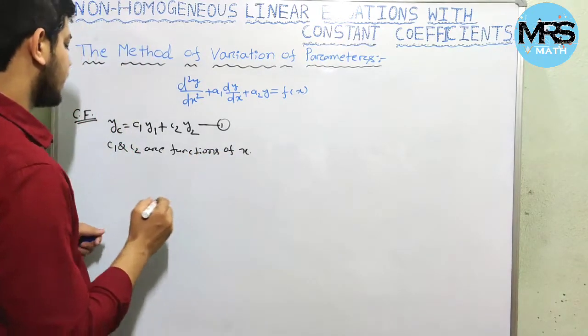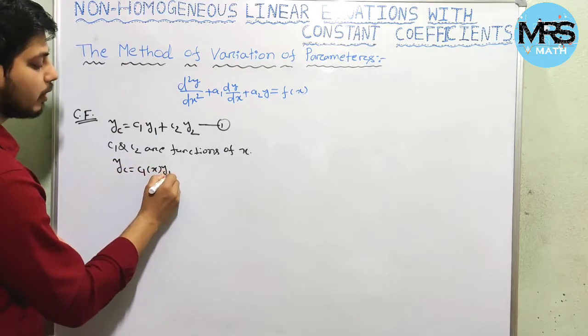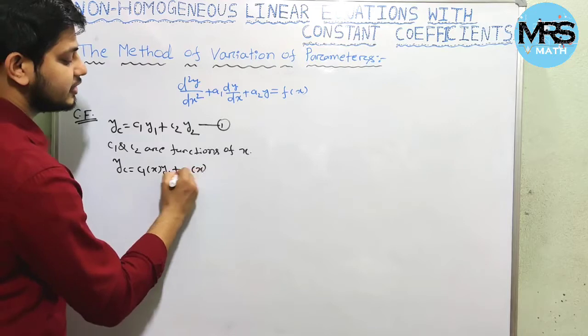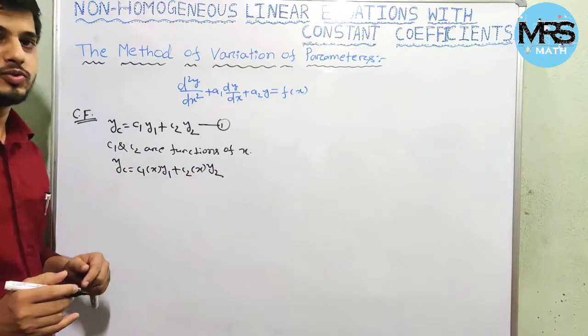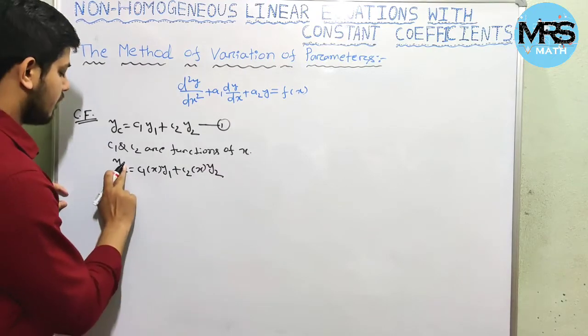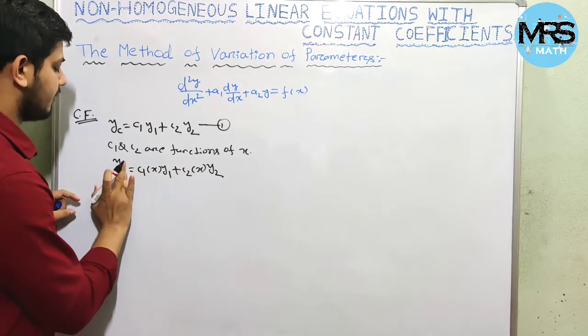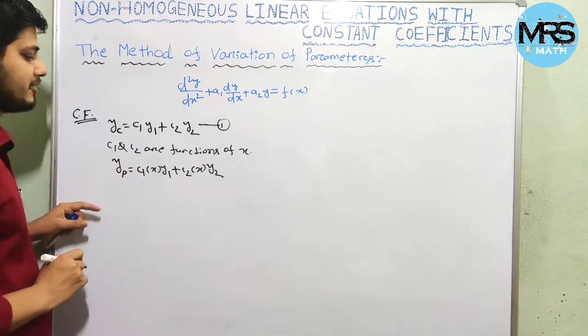Then we can write y equal to c1 of x y1 plus c2 of x y2. So this will be our solution, and we can take this as yp.